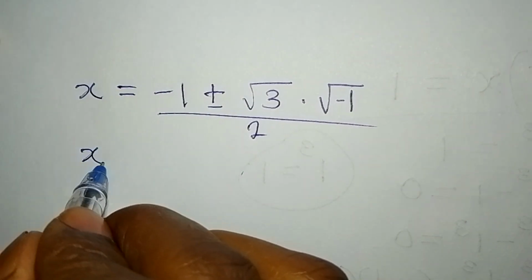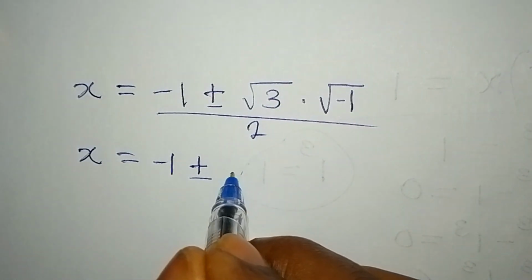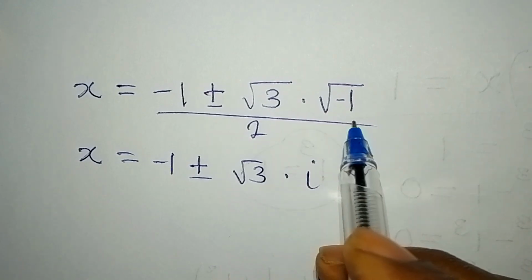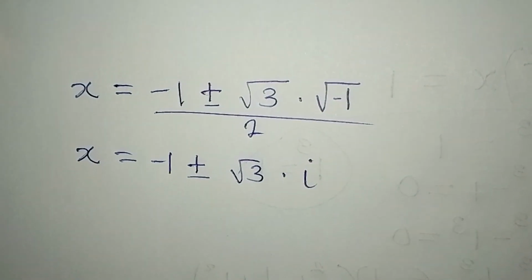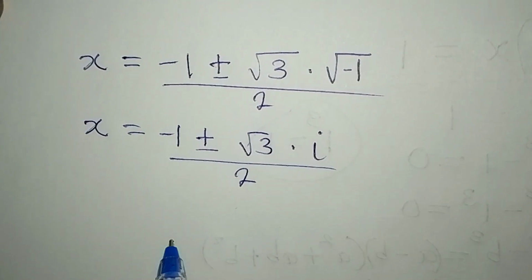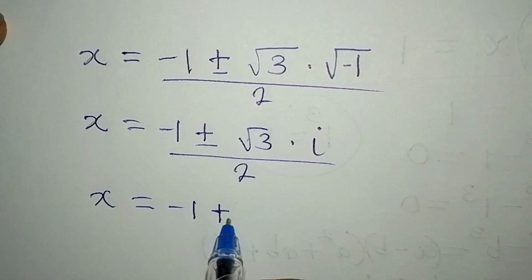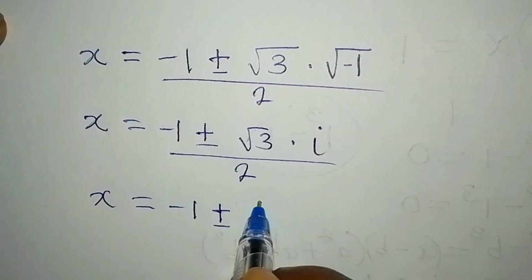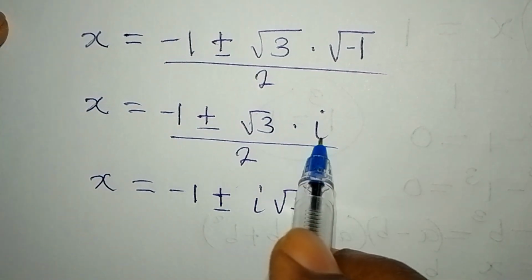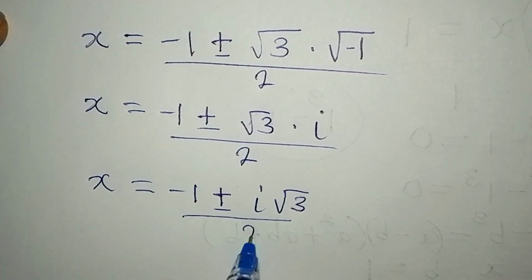Our x now is equal to minus 1 plus or minus square root of 3, then multiply by i, because square root of negative 1 is imaginary, so we write i over there, and then here we have 2. Now to rearrange this, we have x equal to minus 1 plus or minus i root 3, because if we leave it here, you might think it's under the square root sign. So we have i root 3, and this is over 2.